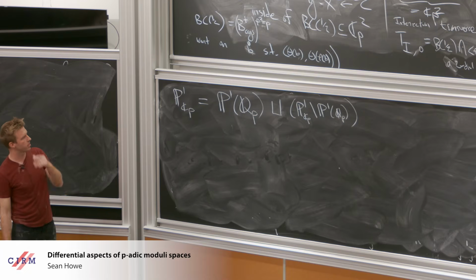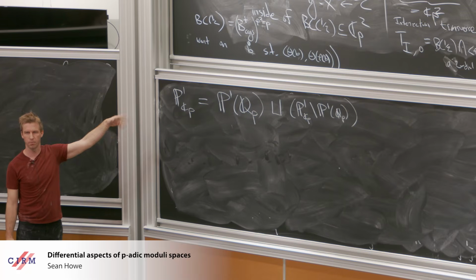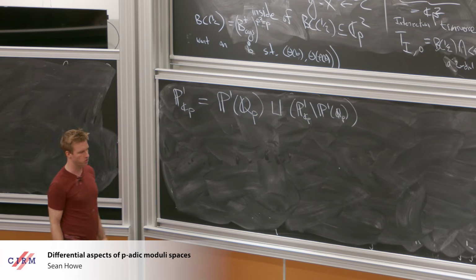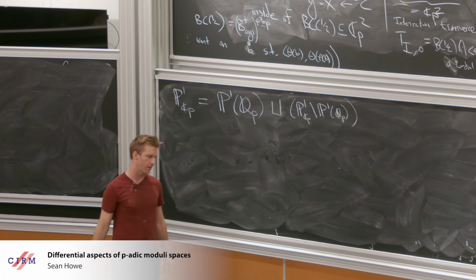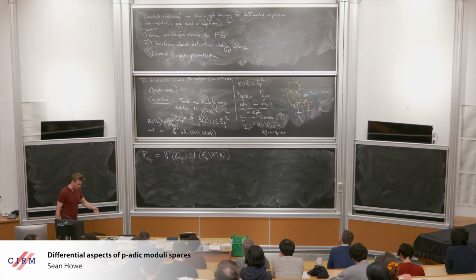Okay, and so this is a special case of the Newton stratification that exists for all flag varieties in p-adic geometry, and generalizations to these Schubert cells and moduli of mixed characteristic, or these Schubert cells in the affine Grassmannian.